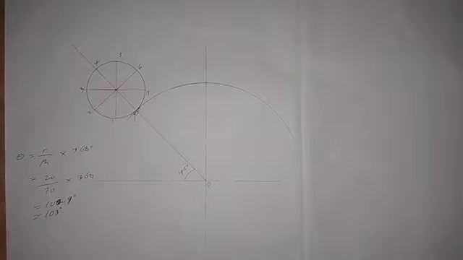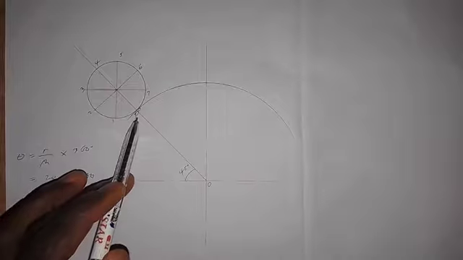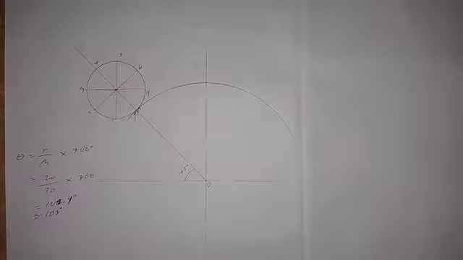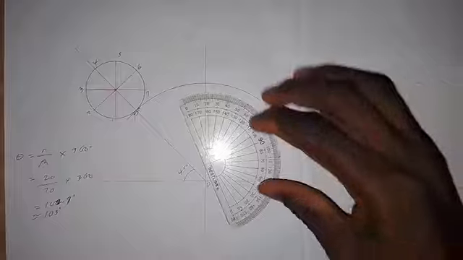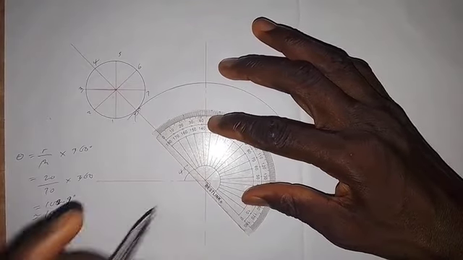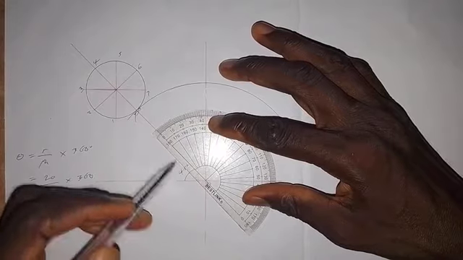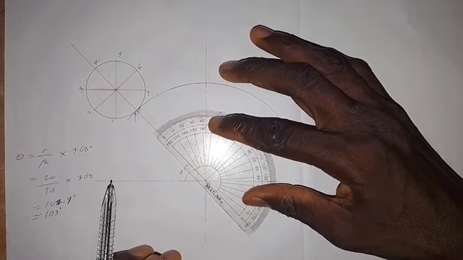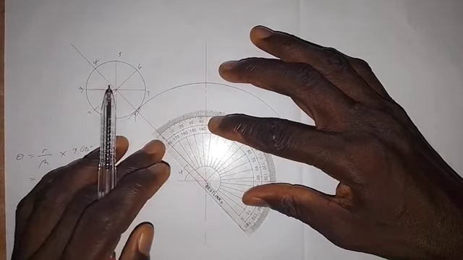Now that we have gotten that angle that is going to give us the circumference upon which this circle is rolling, we are going to take our protractor and get that 103. I'll set it at this point O, and make sure the horizontal line on the protractor is on this line OP. Then I will take that 103.